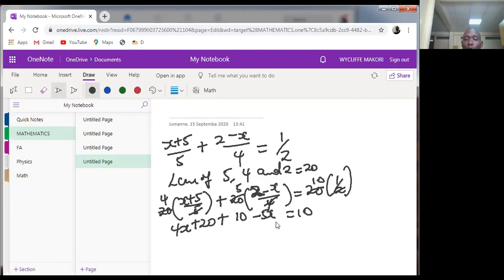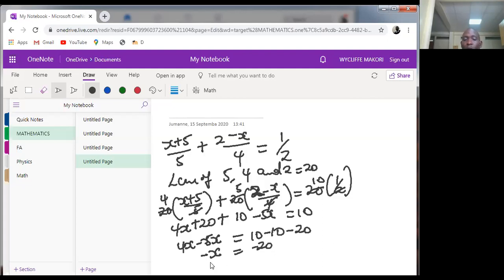Let us put all the unknowns on one side so that we have 4x minus 5x is equal to 10. Then 10 will go to the other side to be minus 10, and 20 will go to the other side to be minus 20. So you will find negative 1x, because 4 minus 5 is negative 1x, is equal to negative 20.